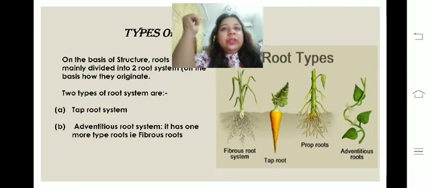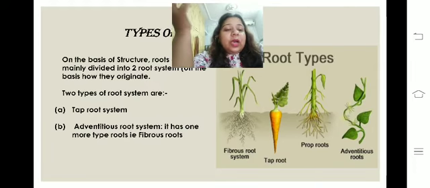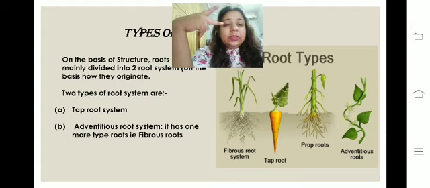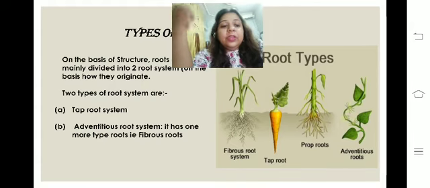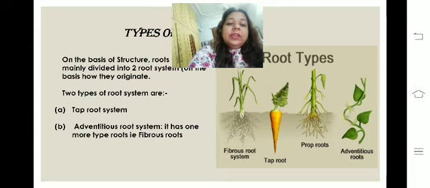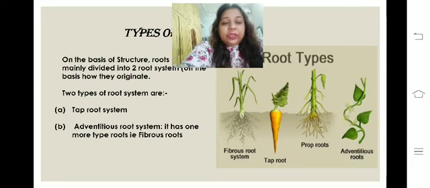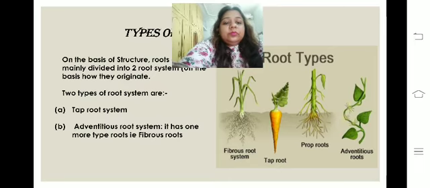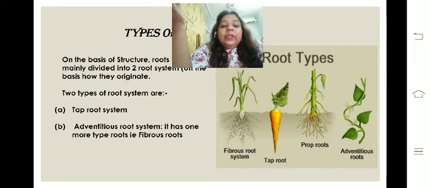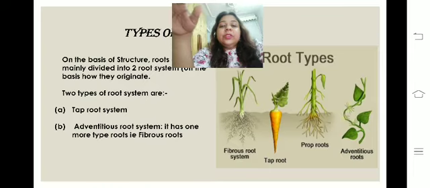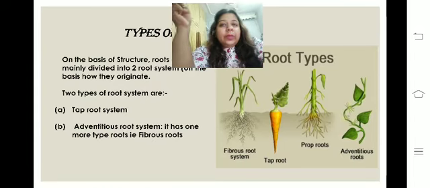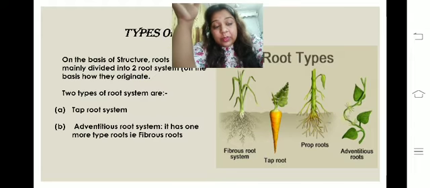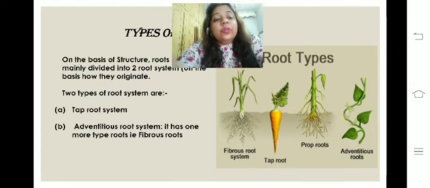So what happens here? As I said, in taproot there are two types of system: surface feeder and deep feeder. These adventitious roots are basically surface feeders, and they are modified to perform functions accordingly. These are generally present in monocotyledonous plants.